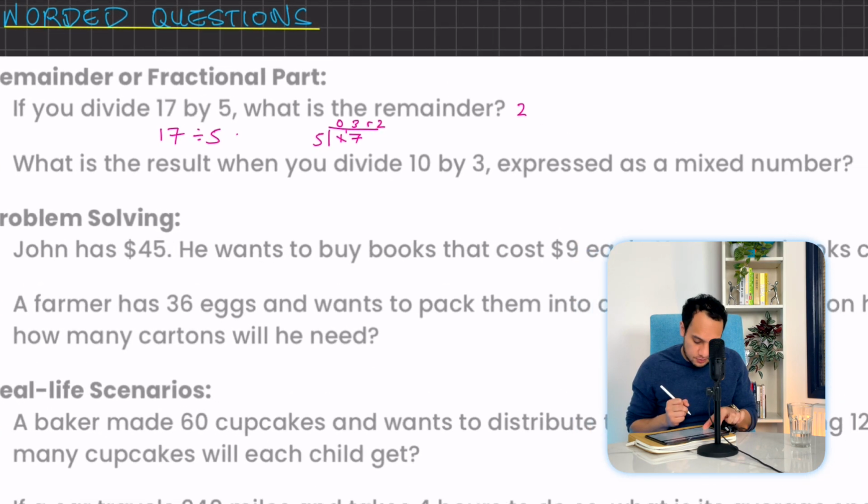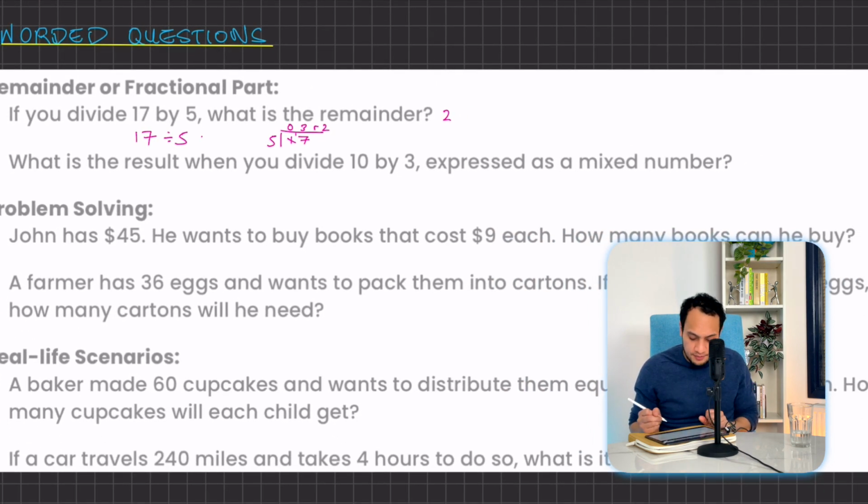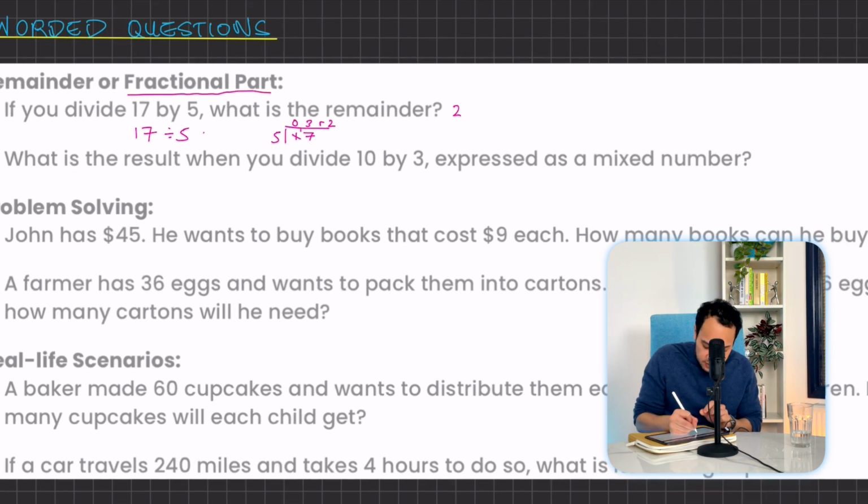So let's read the second one. What is the result when you divide 10 by 3 expressed as a mixed number? The previous question involved a remainder. This one is about having a fractional part. We're first going to start in exactly the same way. We're going to do 10 under the bus stop, 3 next to it, and then it says expressed as a mixed number. So we're going to do 3 into 1, doesn't go.